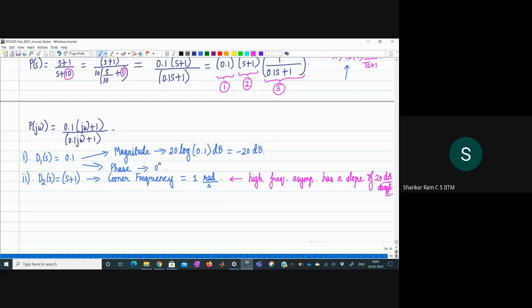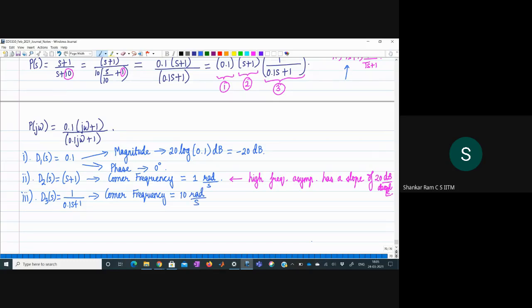Now, if you look at the third factor, D3 of s, which is 1 divided by (0.1 s plus 1), what do you think is the corner frequency? It is going to be 10 radians per second. Very good. Why?